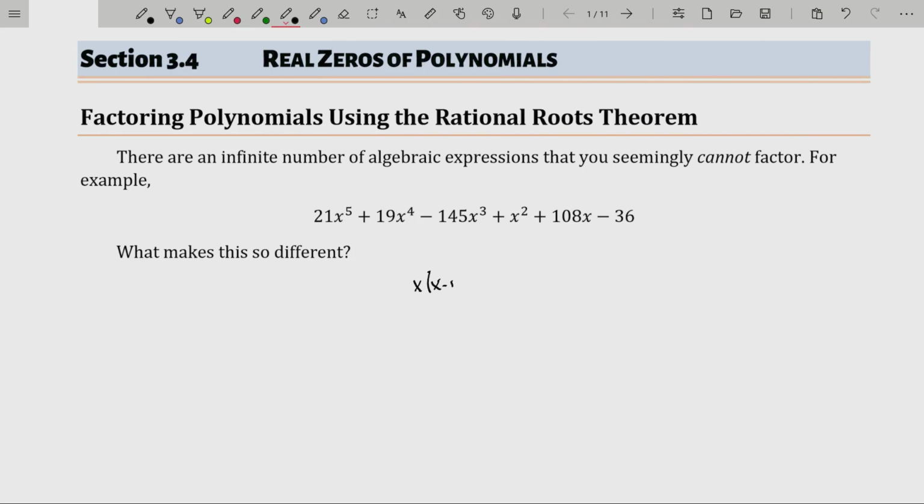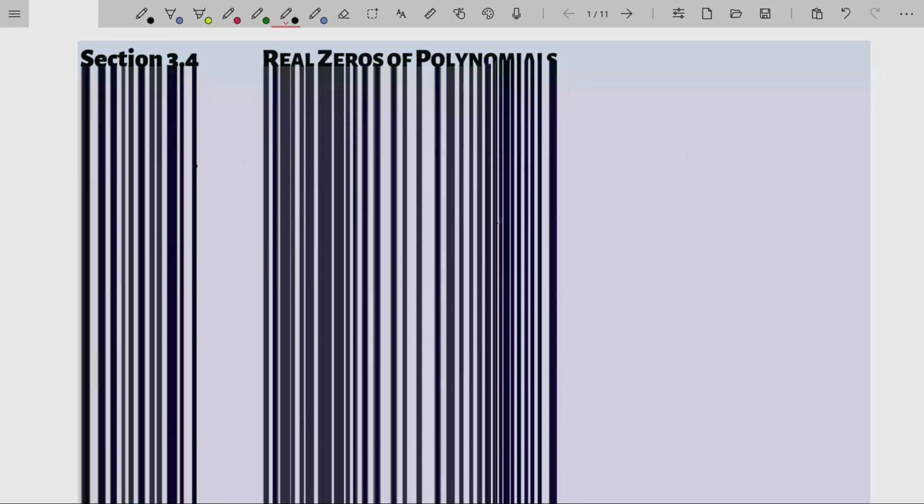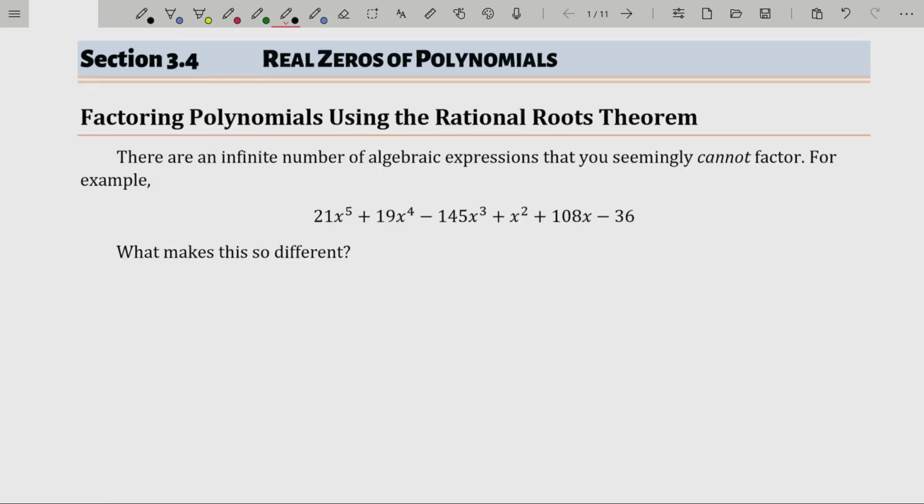So we do get that from that last video. However, with this polynomial, we're not given that information. As such, factoring this is going to be very challenging.